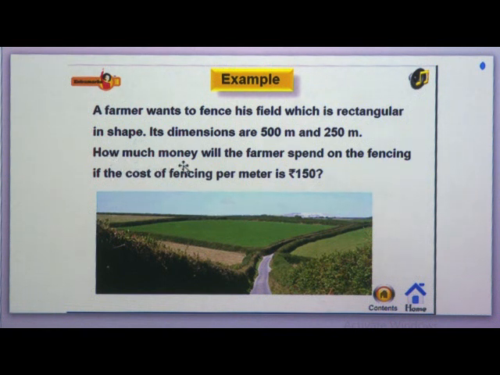How much money will the farmer spend on the fencing if the cost of fencing per meter is rupees 150? Now, we know the formula to find the cost of fencing, which we have to apply. First, what do we have to do? First, we have to find the perimeter. You are right, first we will find the perimeter of this. So, we can find the perimeter.